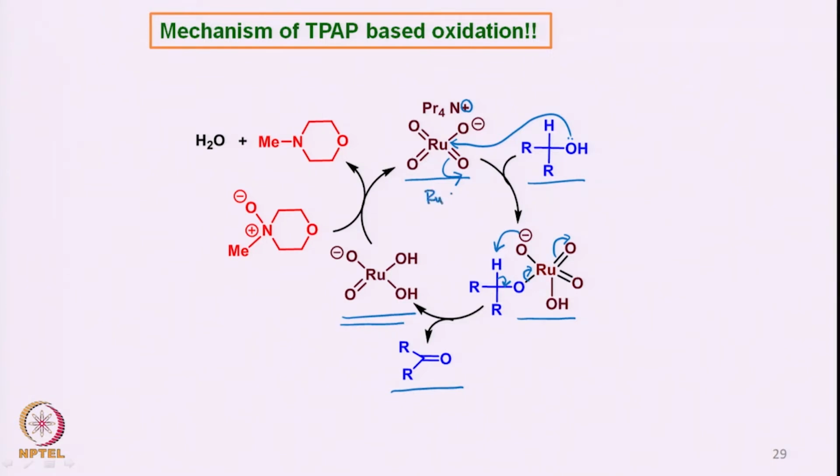The ruthenium 7 goes to ruthenium 5 here, and this is then reoxidized with N-methyl morpholine N-oxide to the TPAP, and one loses N-methyl morpholine as a byproduct. So, this is the mechanism proposed for the oxidation of alcohols to the corresponding ketones. Obviously, this does not react further with the aldehydes to form the acid.